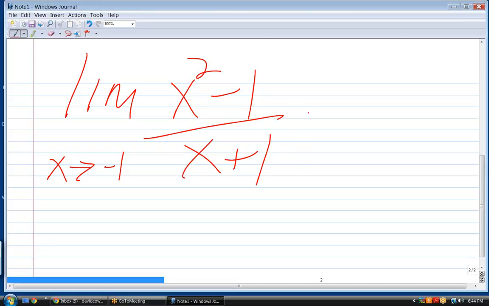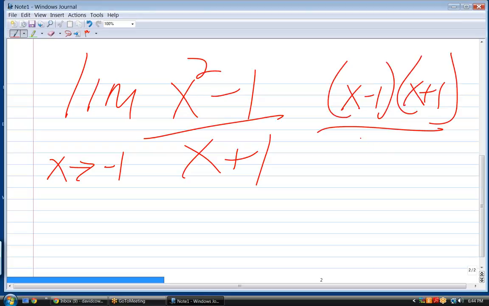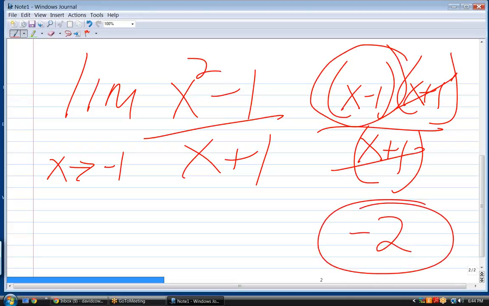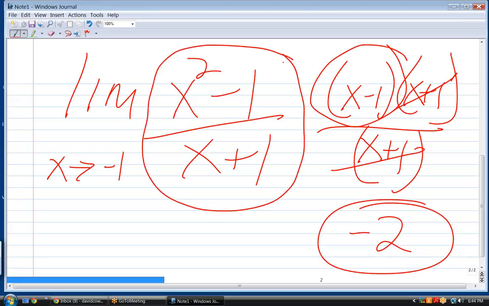Well, again, I can factor it because the top is x minus 1 times x plus 1. The bottom is x plus 1. I can cancel the bottom with that, and now I have just that remaining, and as x goes to minus 1, this whole thing goes to minus 2. So that's a typical limit problem, one where you can manipulate this to change it so that it's not 0 over 0.